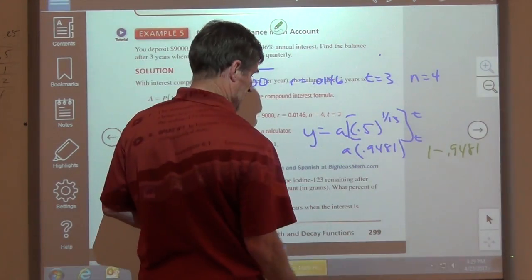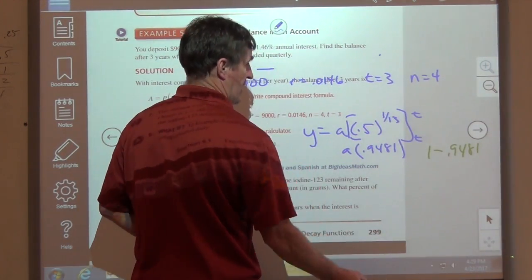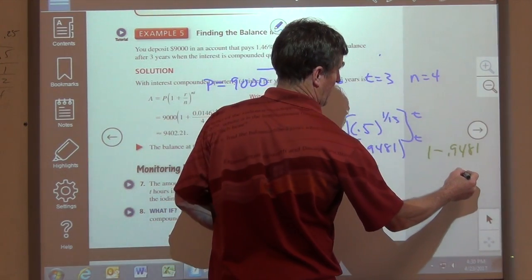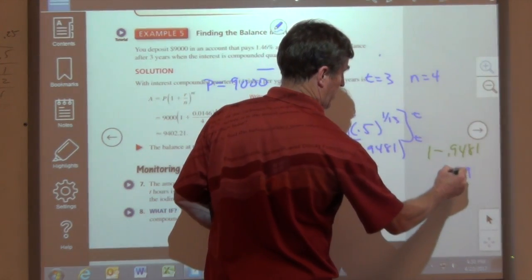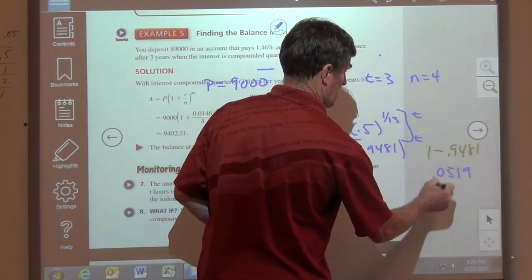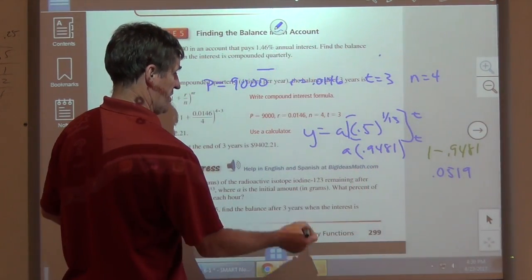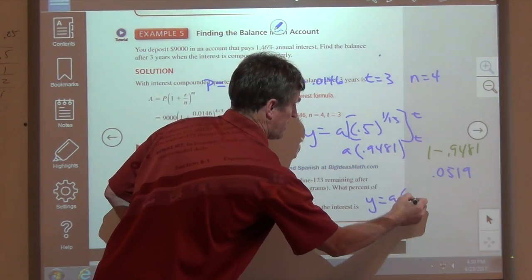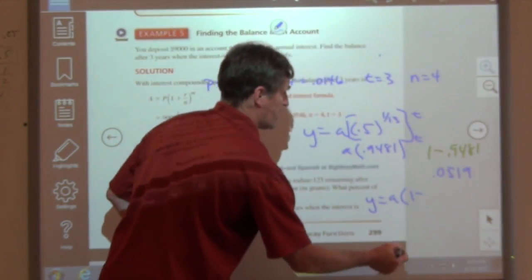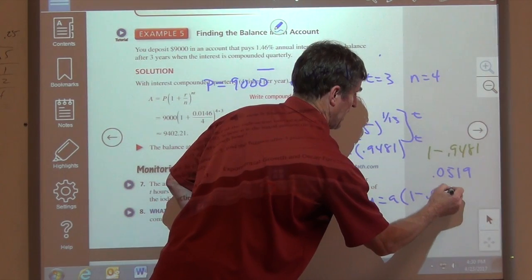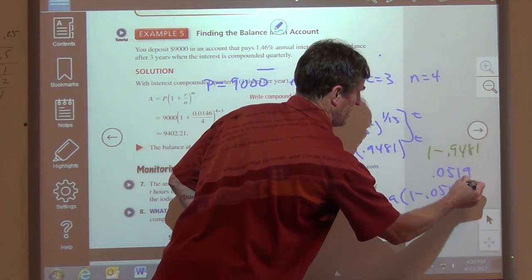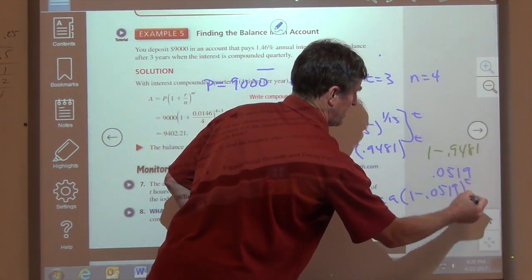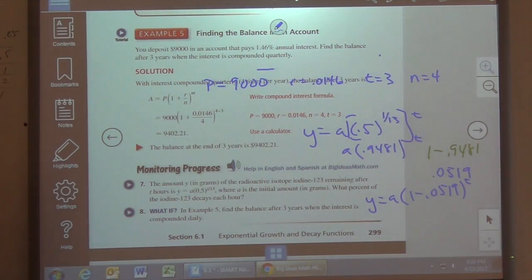So that's going to give us that our r value is 0.0519. So our formula would be y equals A times 1 minus 0.0519 to the t power, to change it back into that form.